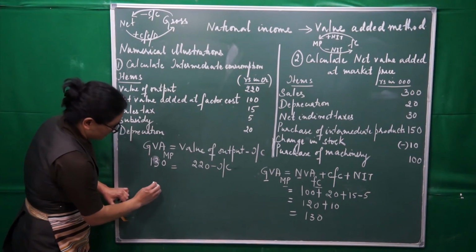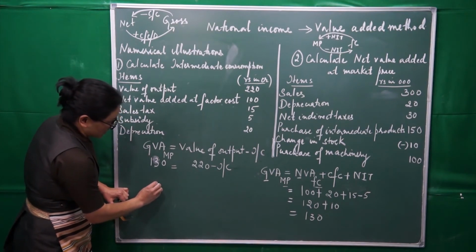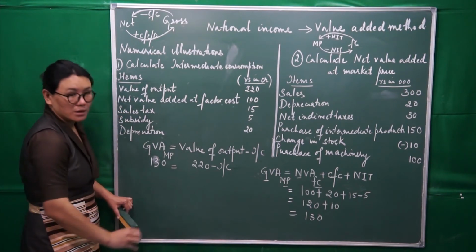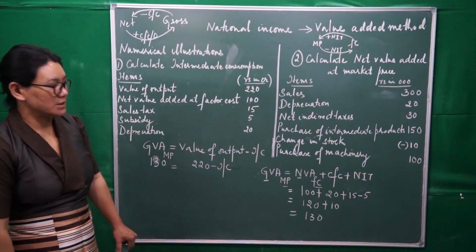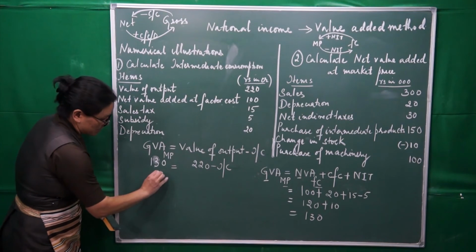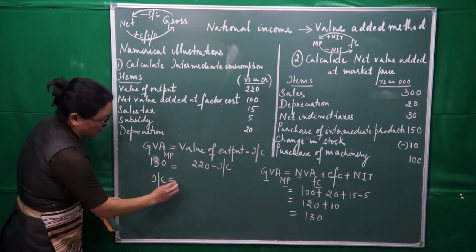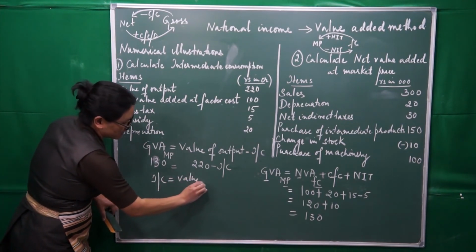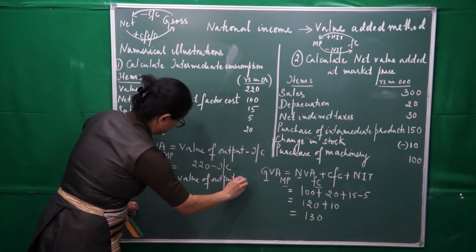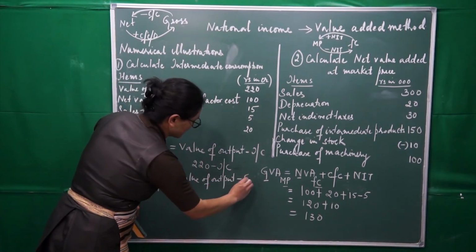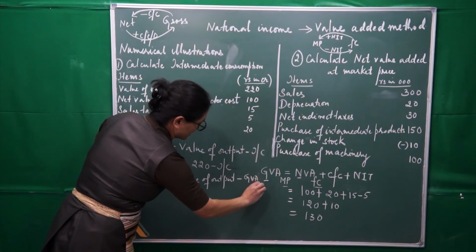Then what we have to do now, it's very easy to calculate intermediate consumption, right? So intermediate consumption will be value of output minus GVA at market price.